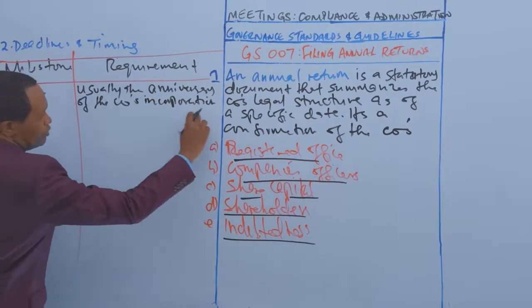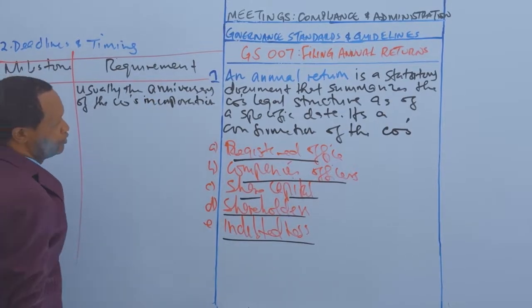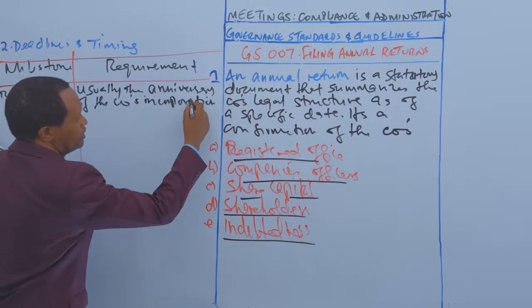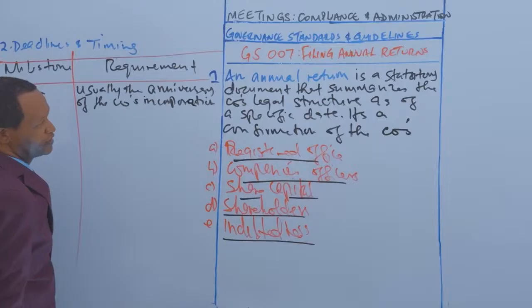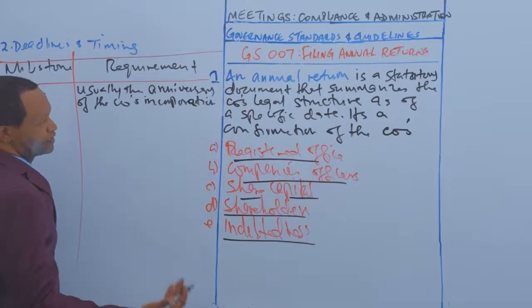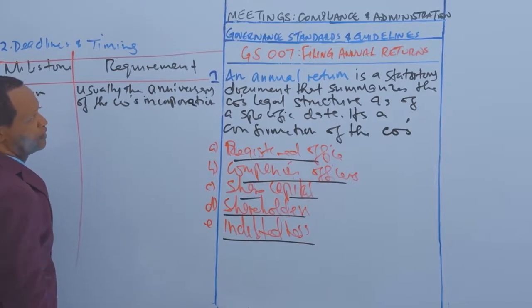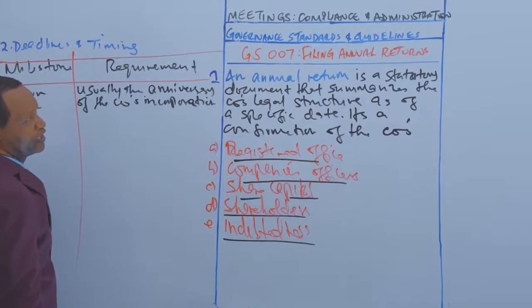The company's incorporation is the birthday of a company. It is the day the company is born. So after the first year of incorporation, the company has to file an annual return.